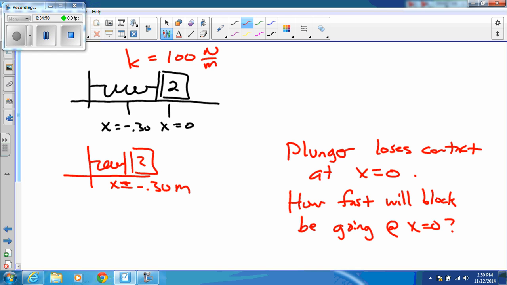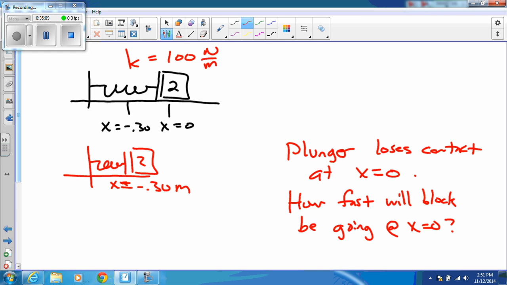What's your question? So when you compress the spring, doesn't it go past 0 and then back? Yes, it will. But once it gets past 0, it's not going to keep up with the block.